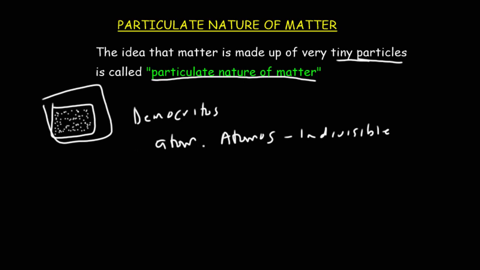Other early scientists also came to embrace the fact that matter indeed contains tiny particles, very tiny particles, which we can't see. But they went a bit further, and they also realized from their experiments that these very tiny particles are not only atoms, but they could also be what we call molecules or what we call ions.